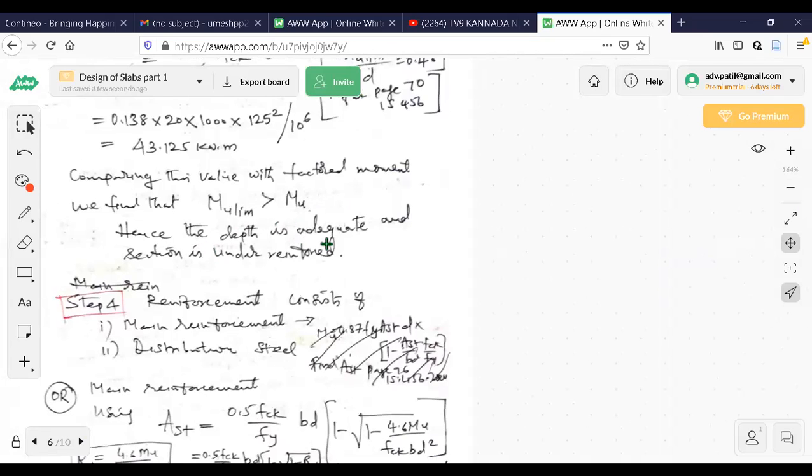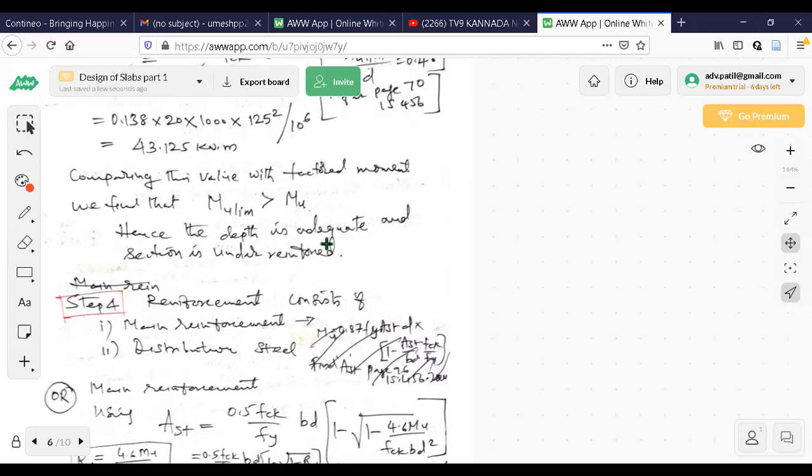Whatever depth, I can reduce also in the second cycle. But in the examination, you cannot do all that. You cannot go on solving the same problem again and again. Even if the solution is uneconomical, in the examination there is no problem. In real life, it has to be economical. To make it economical in real life, you have to redesign 2-3 times and optimize it.